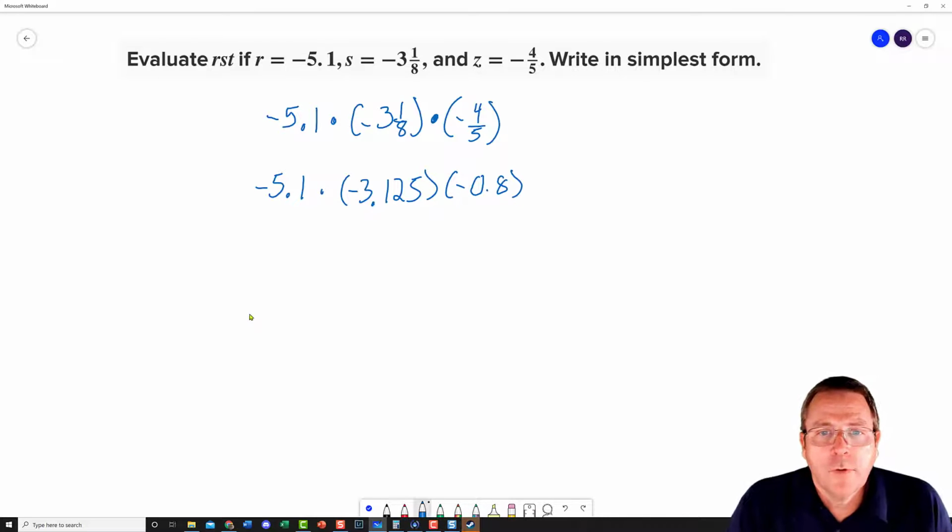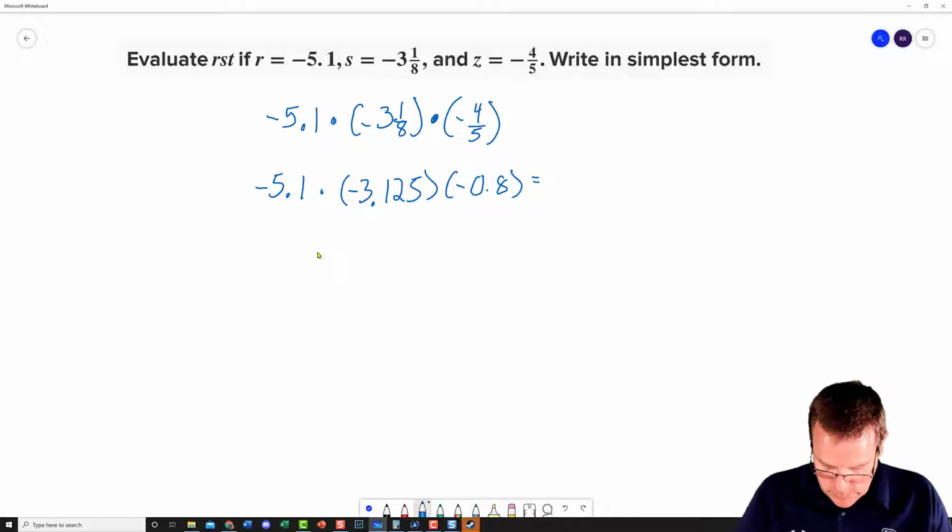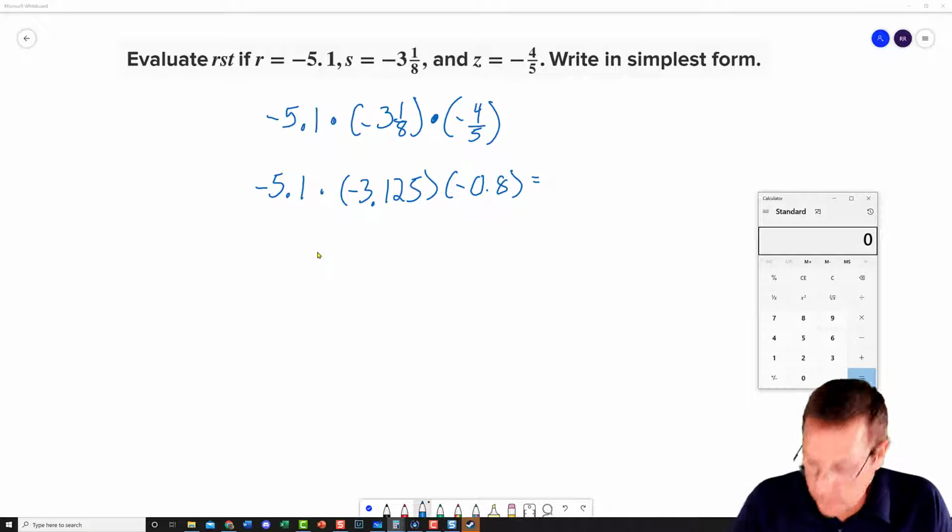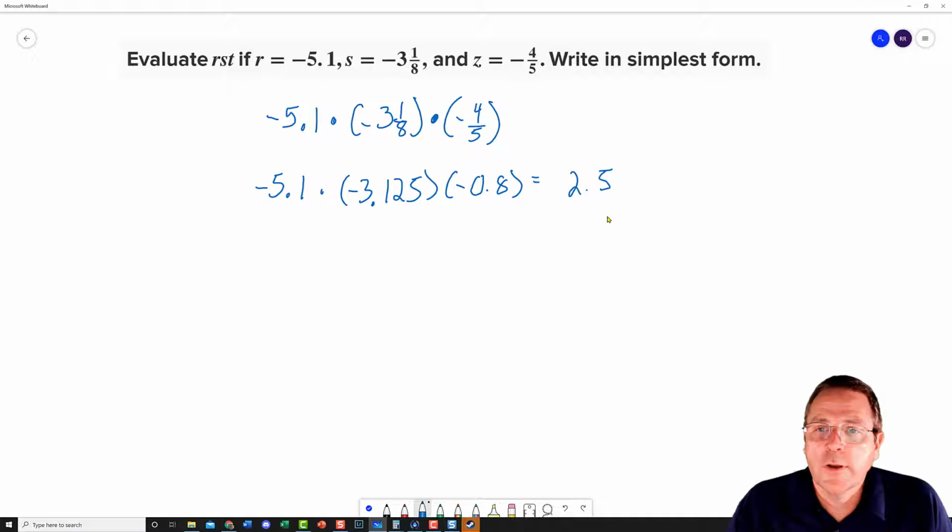So there's all of our decimals. We're going to save y'all some time and grab that handy dandy pocket calculator to work this out. 5.1 times 3.125 times 0.8 equals, so we have 12.75 as our decimal answer.